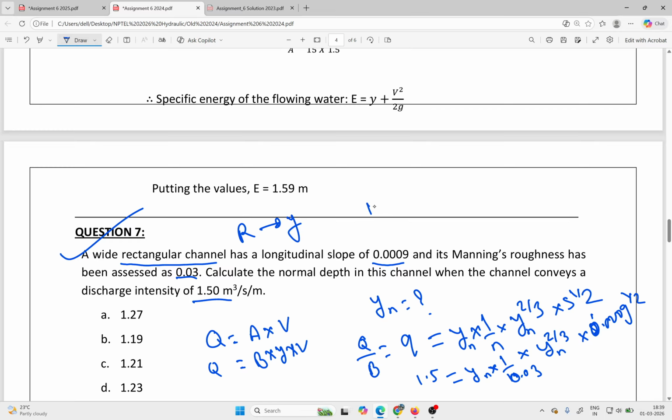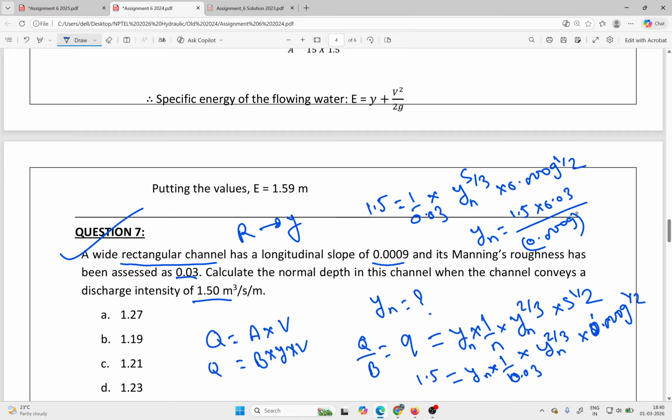So 1.5 is equal to 1 by 0.03 into y to the power 5 by 3 into 0.0009 to the power 1 by 2. So y_n is equal to what? 1.5 into 0.03 divided by 0.0009 to the power 1 by 2, the whole to the power 3 by 5.